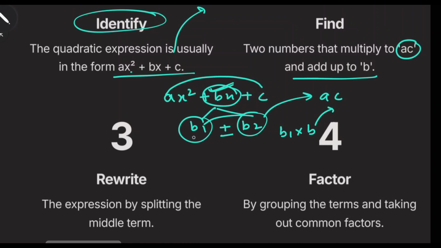The last step is to factor. By grouping the terms and taking out the common factors, we get the factors of that quadratic expression. In this way we find the factors of a quadratic expression. Let's move to the exercise and try to solve some questions to understand it better.